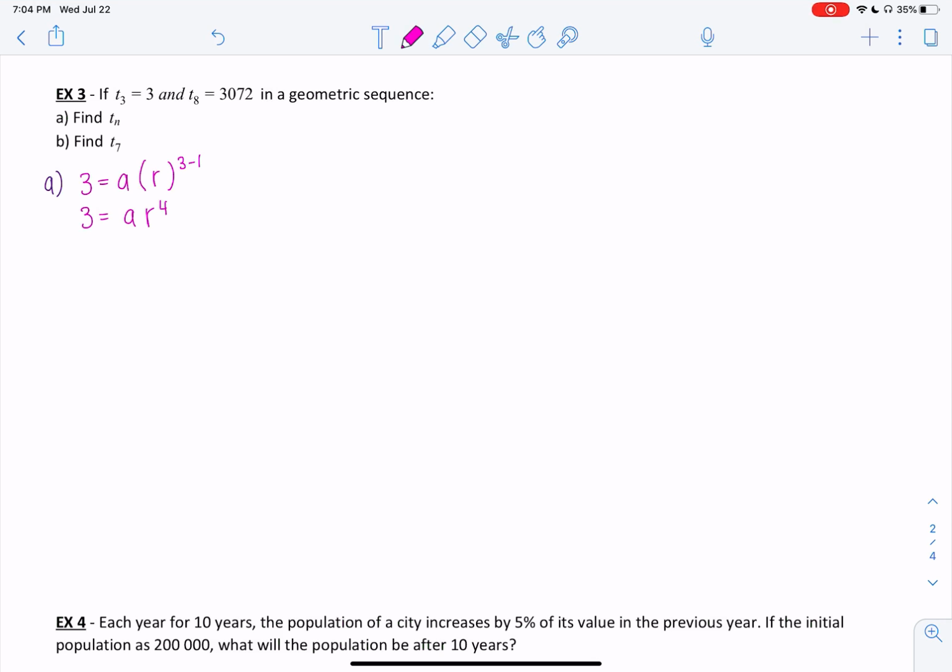There we go. Oops. 3 minus 1 is 2. Sorry about that. And we are also given the situation that the 8th term is 3,072. So we know that our 8th term is 3,072. So again, we don't know A and R, so we'll just leave them.